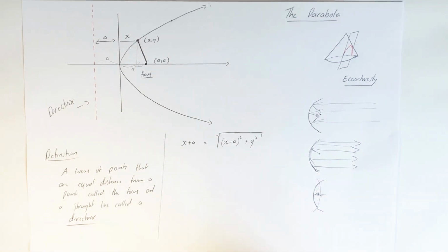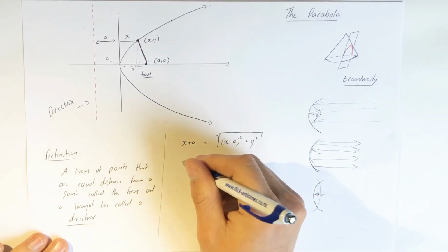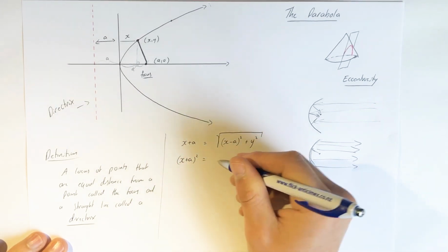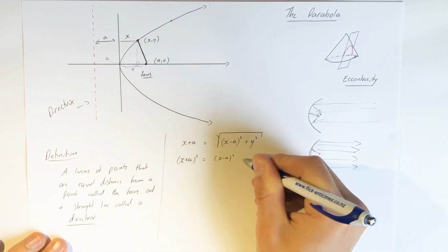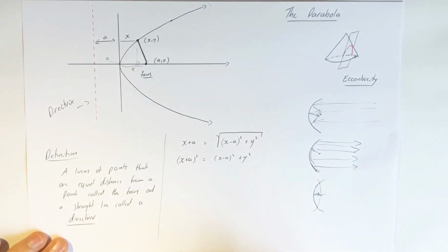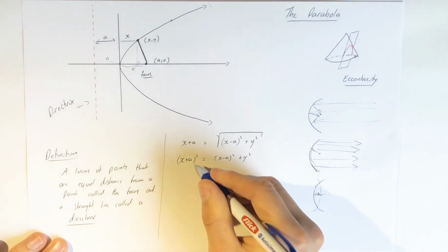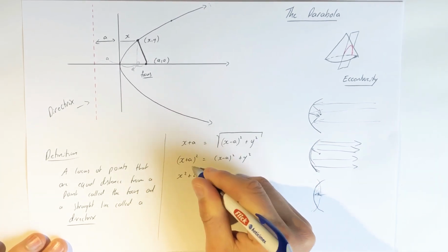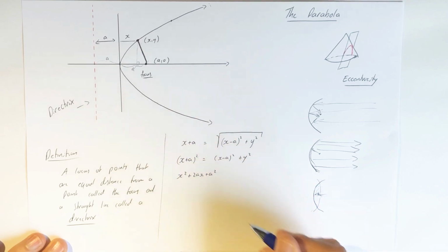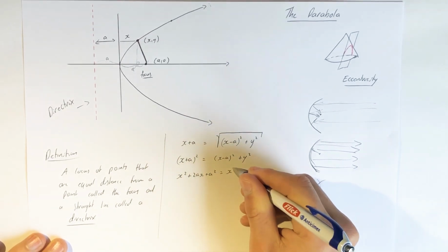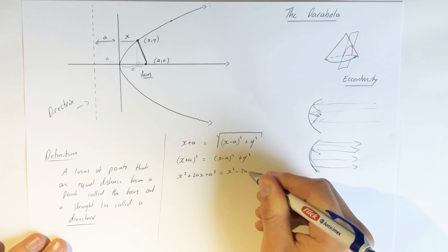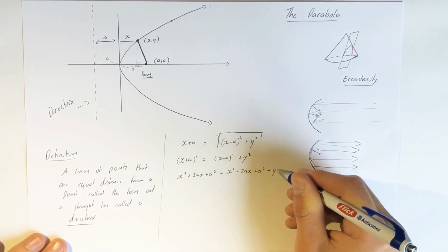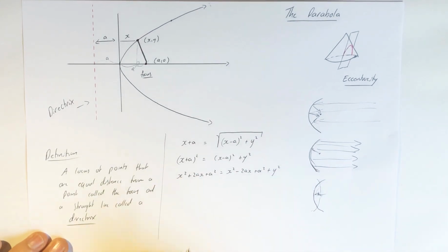So let's simplify this. Let's square both sides. (x plus a) squared is equal to (x minus a) squared plus y squared. We'll expand and simplify that. So I'm going to get x squared plus 2ax plus a squared is equal to x squared minus 2ax plus a squared plus y squared. Now notice everything that can cancel down.